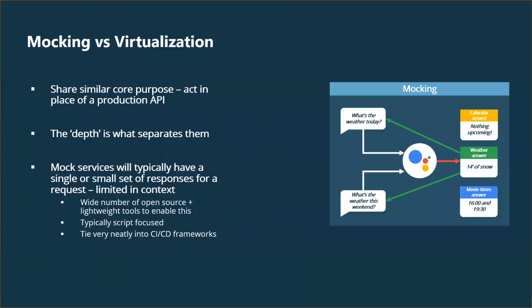But again, it can be quite challenging or even not possible at all to make this response dynamic. So really this is going to be a static response. It's very difficult to say, okay, I have a number of different scenarios, and how can I see what the response is like from different data sets, different behaviors, maybe I'm using authentication. So that's where virtualization comes in, and it really goes in depth between the two areas, okay?